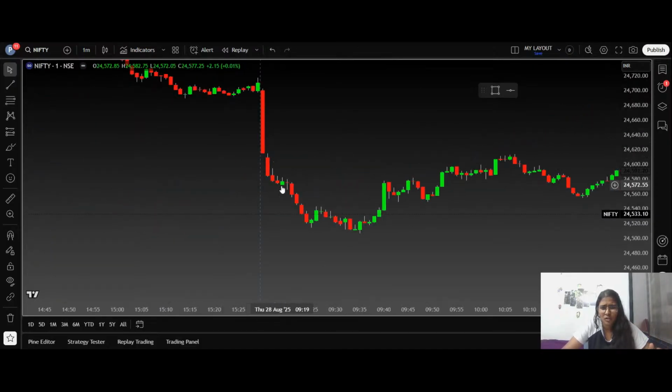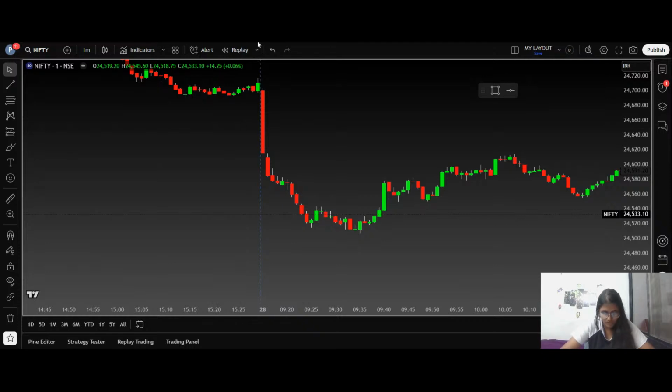Suppose the majority are red candles. So the trend is a downtrend. And if it goes upwards, we'll call it against the trend. Suppose these are all red candles and this only one is the green candle. These are following the trend and this is against the trend. So this we call a downtrend.